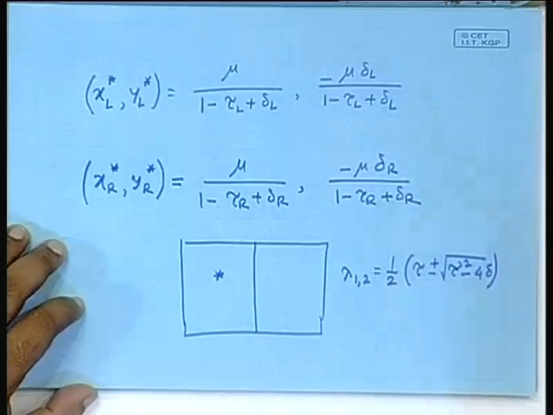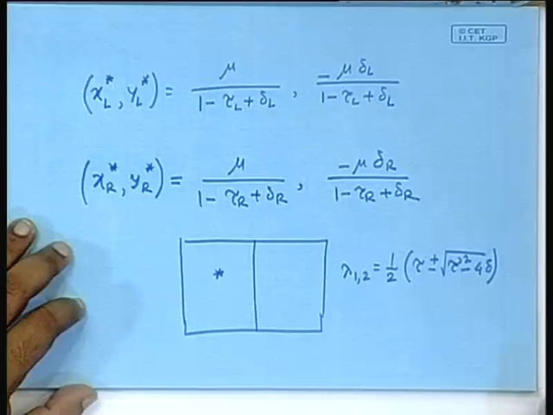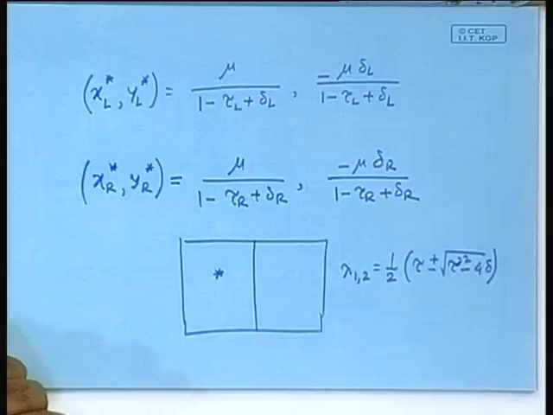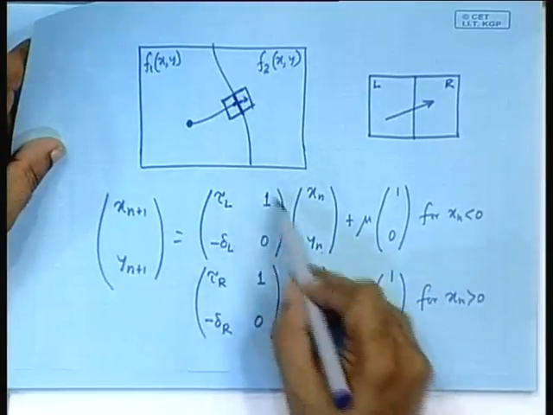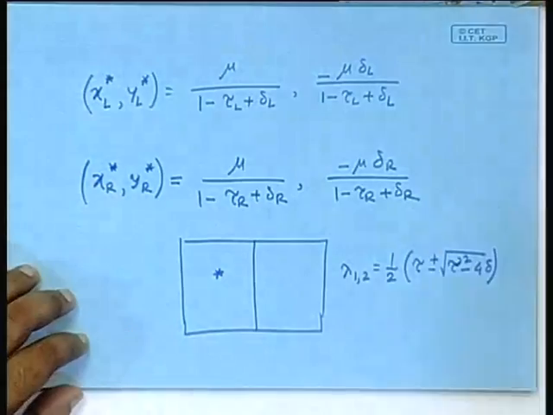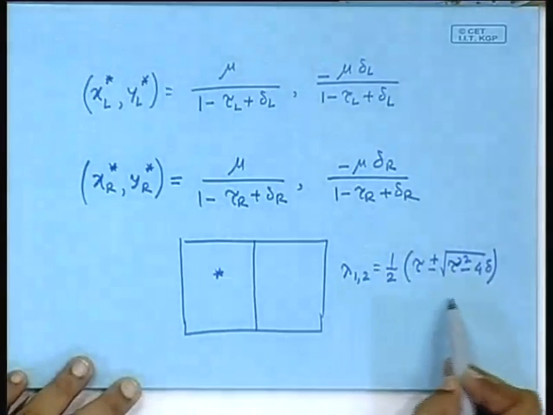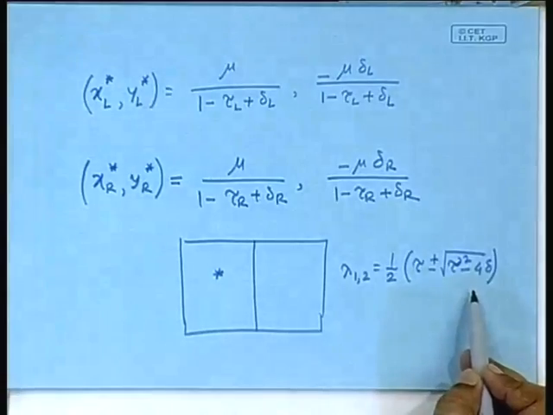Can it be seen? Yes. So, if you calculate from this equation the eigenvalues, they are obtained simply like this. So, if these are real and between -1 and +1, you know that it is a stable thing.